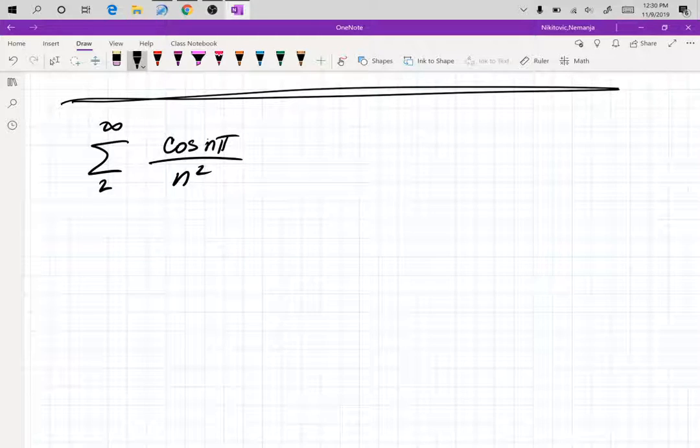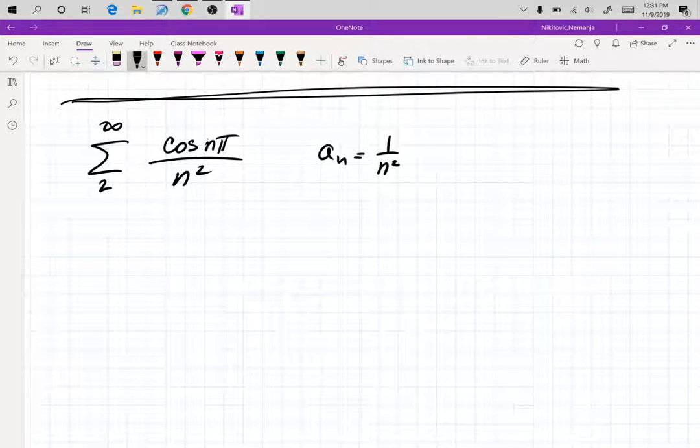You just need to know it, right? Cosine of n pi is alternating because what's cosine of 0? 1. And cosine of pi? And cosine of 2 pi? 1. Right? So it goes 1, negative 1, 1, negative 1. So that's the alternation. So what's your a_n? 1 over n squared. Yes.